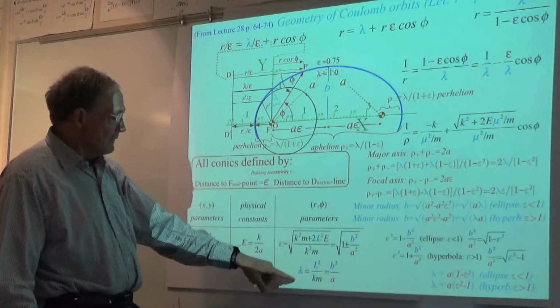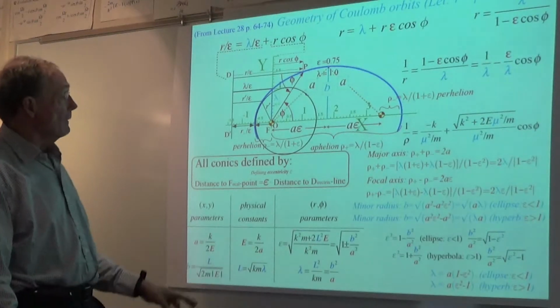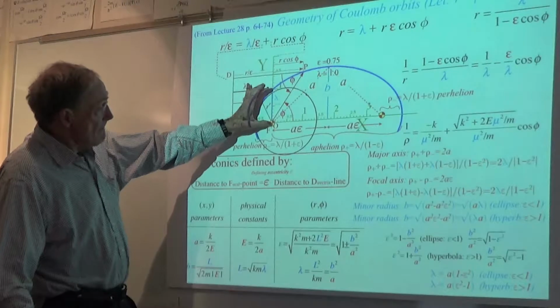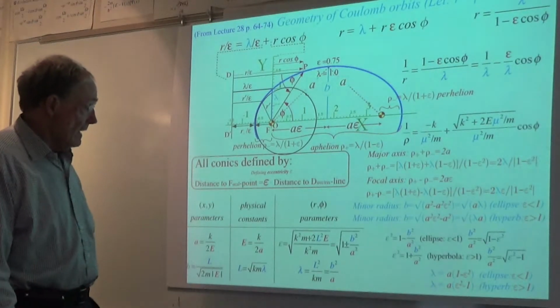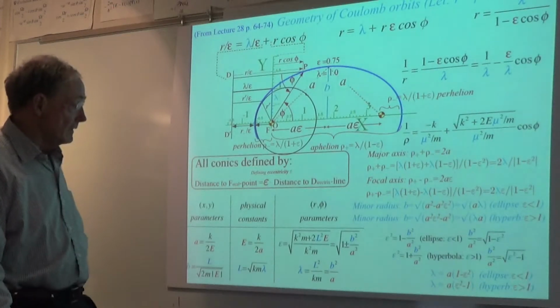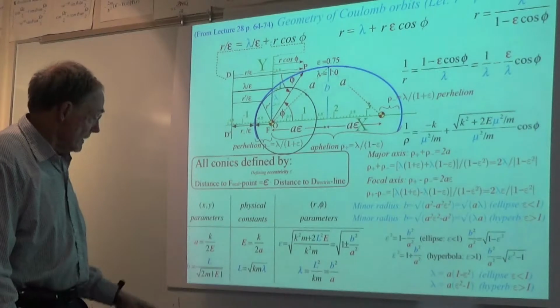The lambda here, which is a Greek L to go with the L that's used for angular momentum, is the radius at the focal plane. And there's nice relationships that relate them all, and the only really complicated one is the energy, the angular momentum.